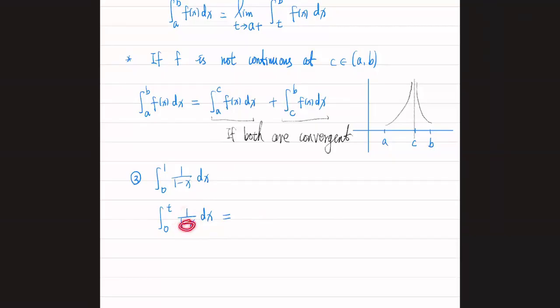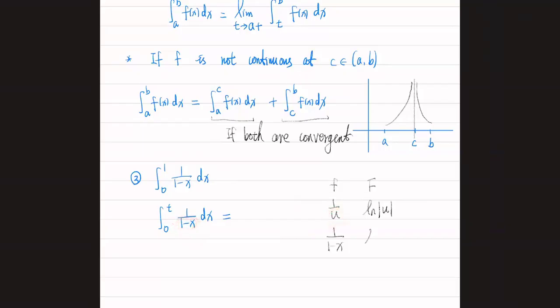If this whole thing is u, 1 over u, what's the antiderivative? Natural log. Now it's 1 over 1 minus x. What's the antiderivative? And on our interval, u will be positive.